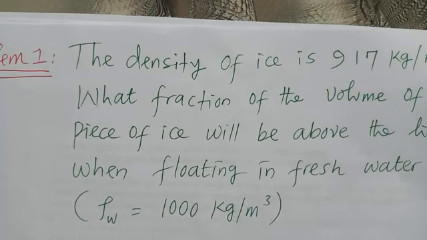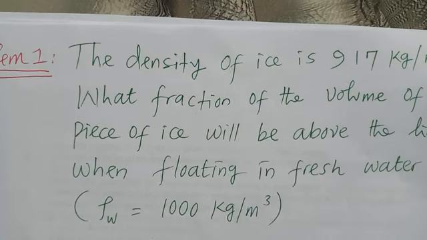What fraction of the volume of a piece of ice will be above the liquid when floating in fresh water? Because its density reduces, it can float in water.